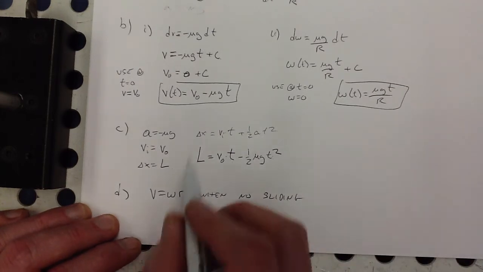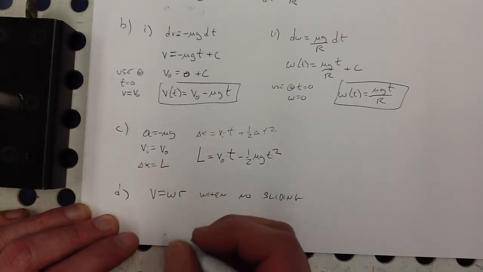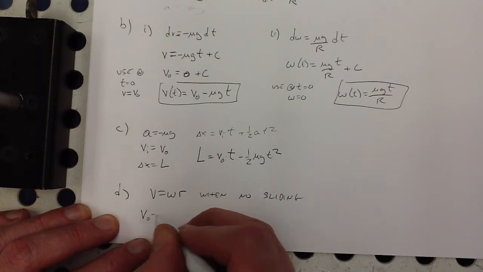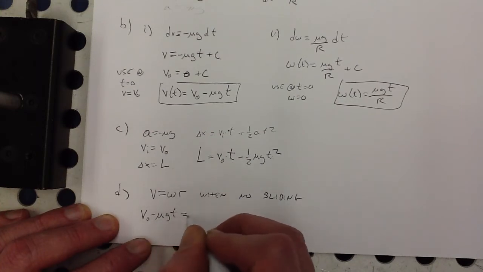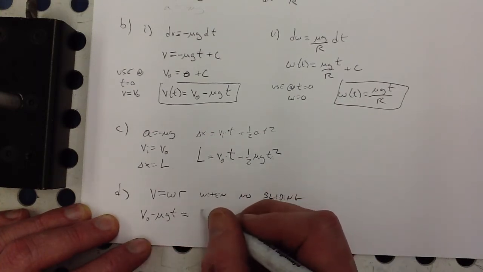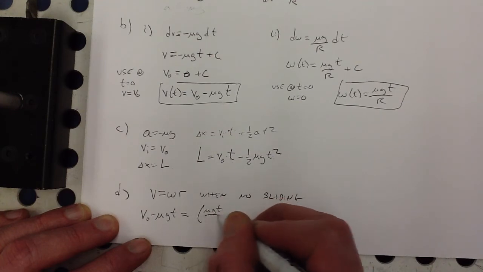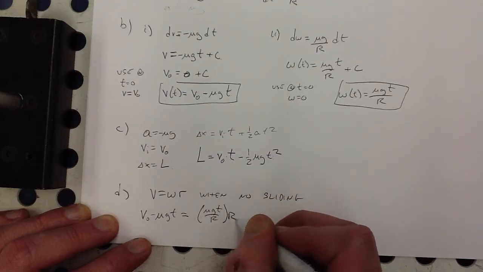Now, I have expressions for those things. So that means V is equal to omega r.